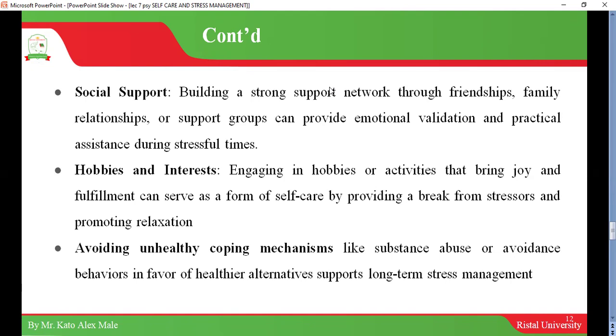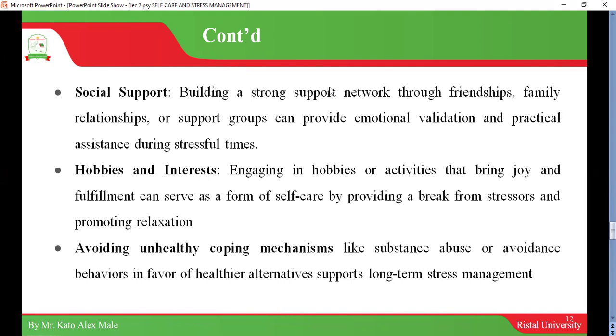One, for example, substance abuse or avoidance behaviors. Such unhealthy mechanisms. Do not use substances because someone has been diagnosed with chronic illness. You understand? It doesn't mean that it is the end of life. So you ought to advise your patients about the choices of coping mechanisms that they make.